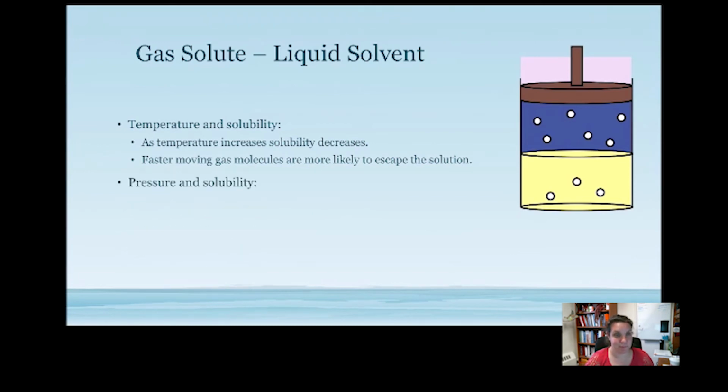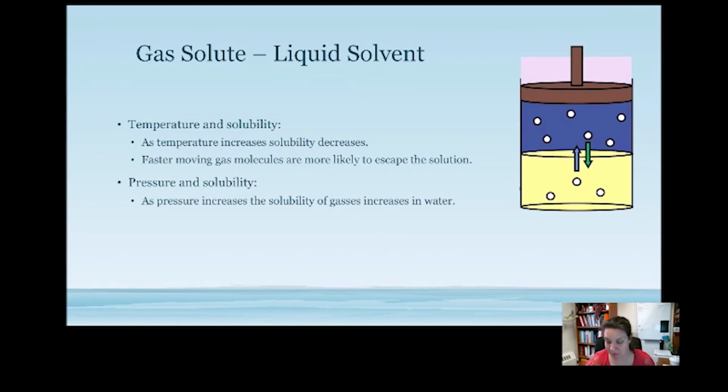Okay, what about pressure? What happens as we increase pressure? If we increase pressure, we're pushing the gases back down into water. So for water, gas solubility is going to increase. Looking over on the right, we've got a schematic.